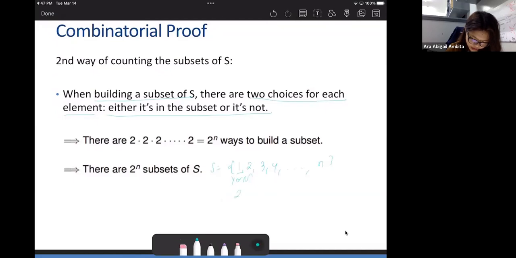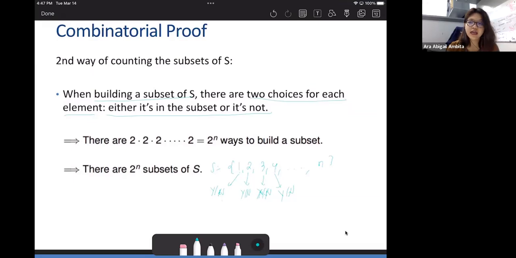Is 1 included? We have a yes or no here. This could be either yes or no, and this would be yes or no, or yes or no. Then this would be yes or also no, etc. So for each of the elements, it could either be chosen to be included in the subset or not.